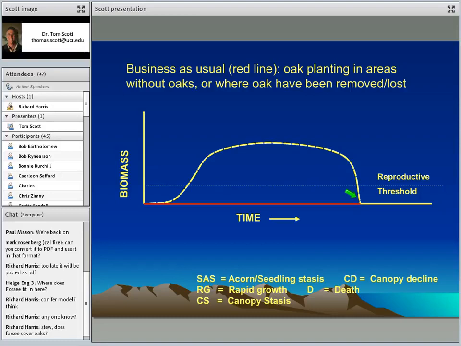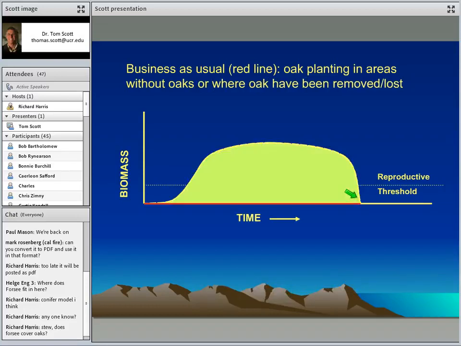So the business as usual model for an area that has no trees is the easiest to describe, because now we're talking about a line where you're not adding any biomass and you have no carbon sequestered initially, other than the grassland and whatever might be there, including in some cases bare ground if you have a place that's highly disturbed.